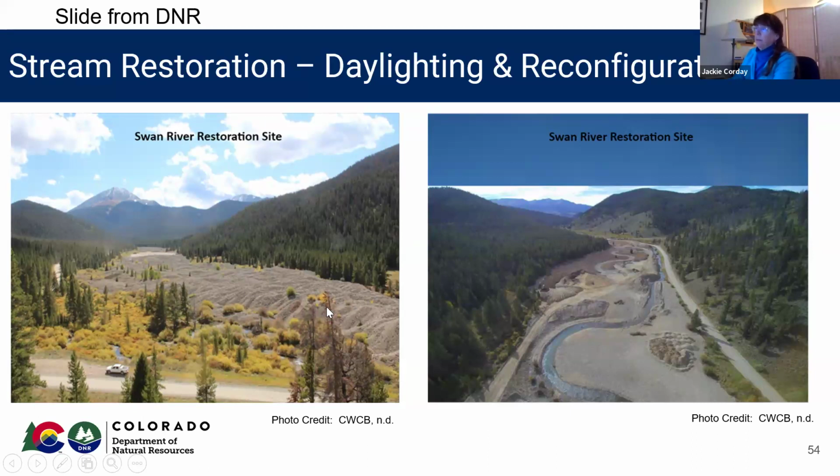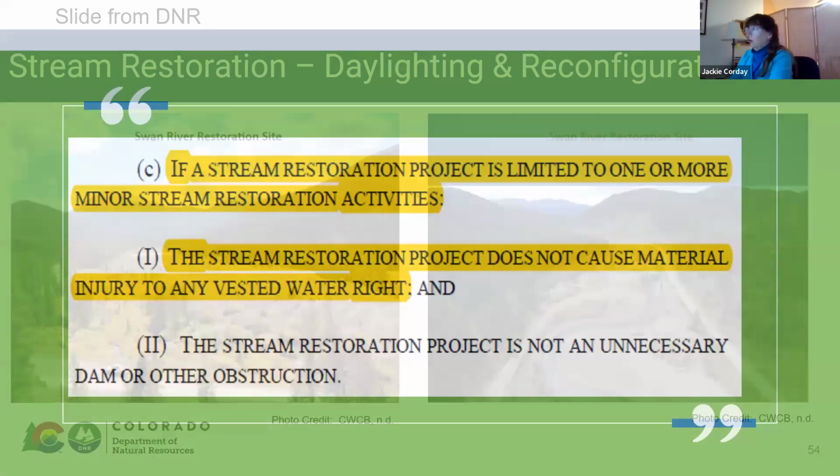There's been many, many years of work with a lot of partners to daylight that river once again. And that's what you're seeing in this picture: it's daylighted. And hopefully in many years you'll be able to come back and see this completely filled in with riparian vegetation. So that is another great example of how you could use SB 270 to do work.